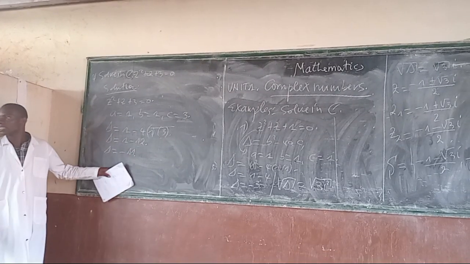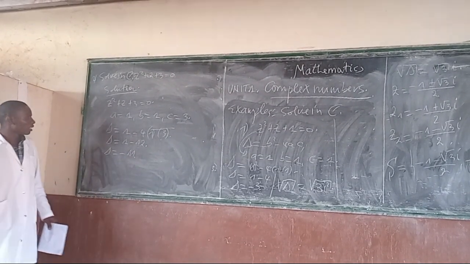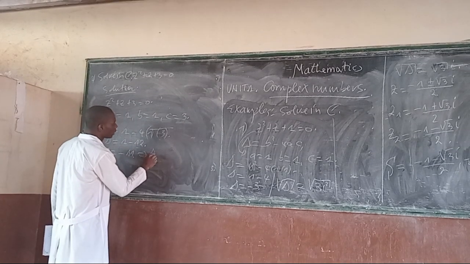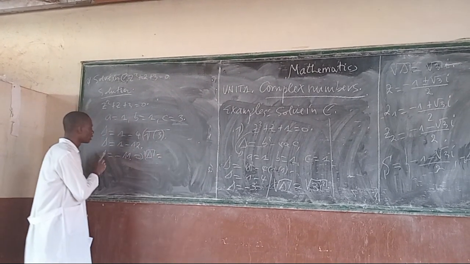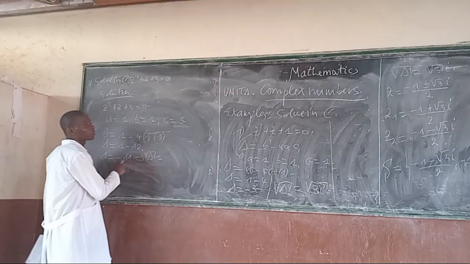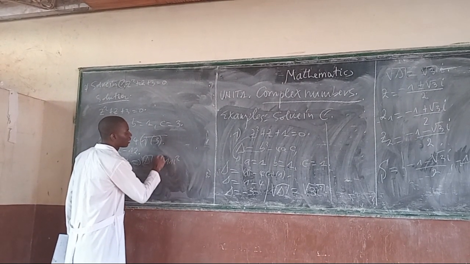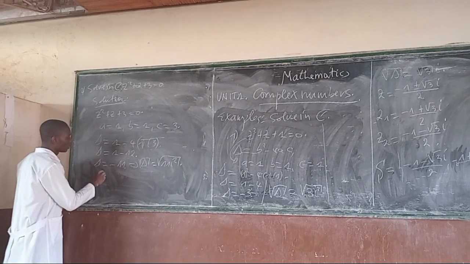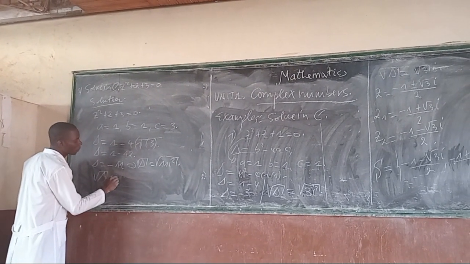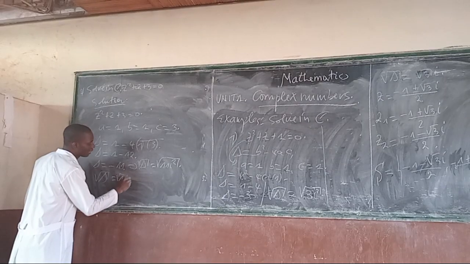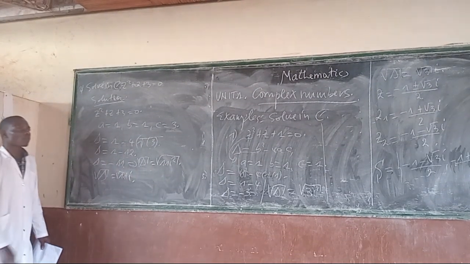Now that the determinant is negative 11, we know how to find its square root. The square root of this will be equal to the square root of 11 i squared, so the square root of the determinant is root 11 i.